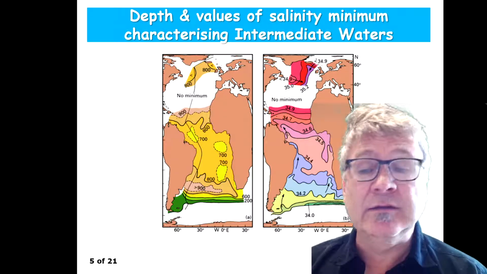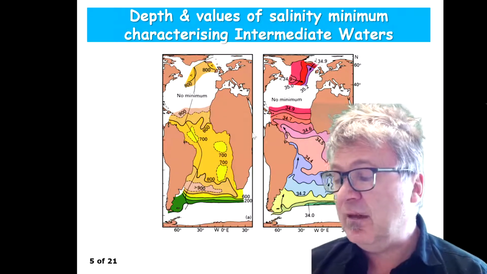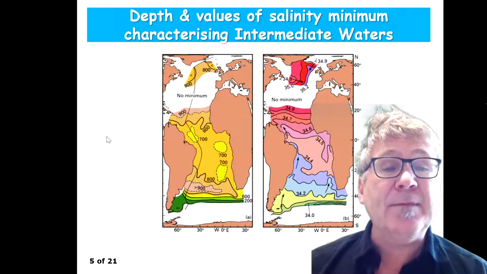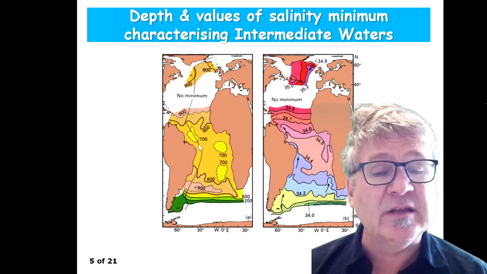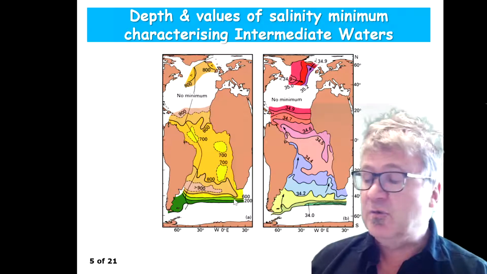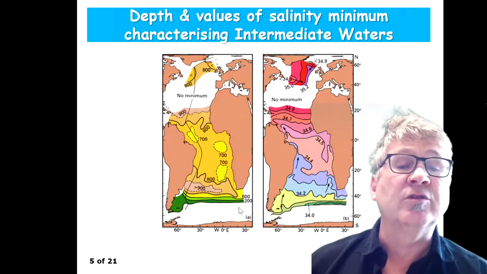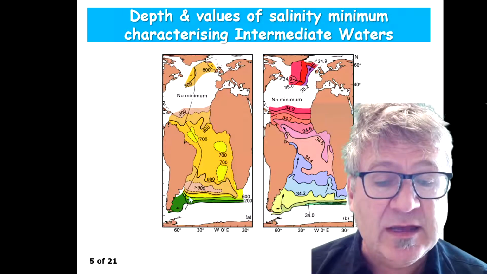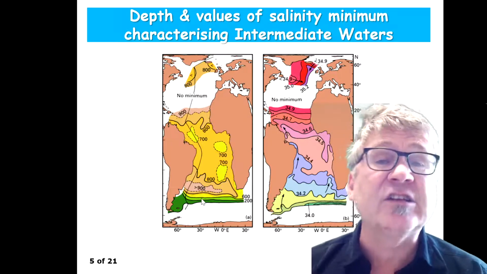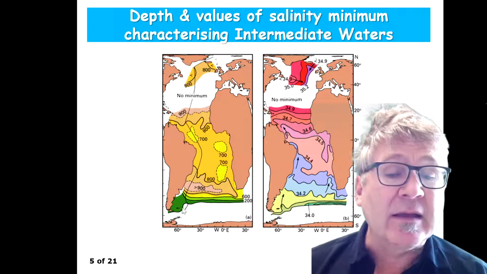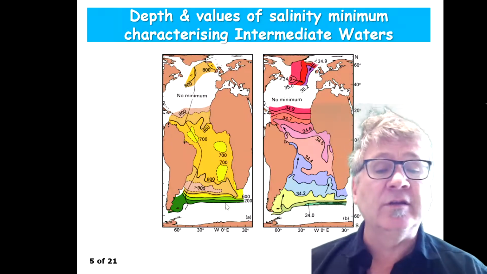And that's shown here in the top and the left side. The left figure shows you the depth of the salinity minimum, and you can see somewhere in these green areas it's less than 200 meters. This is the connection to the surface, and it's actually the Ekman pumping that pumps this water into the ocean interior.